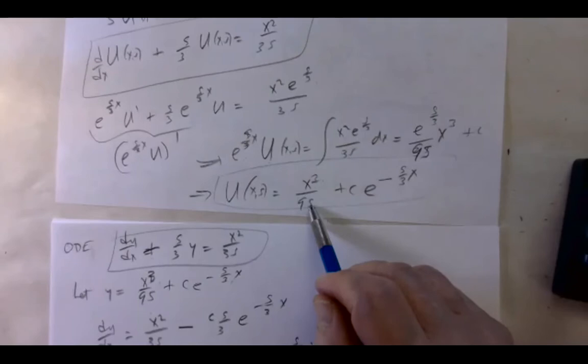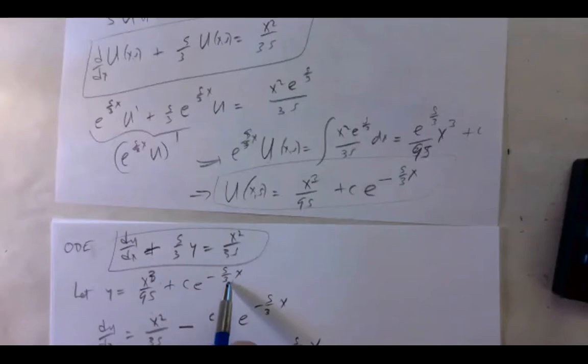So I get x cubed over 9s plus c e to the minus s over 3 x. And x squared over 3s. So something here isn't working out right.